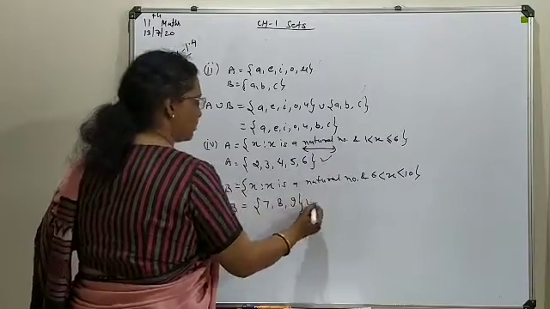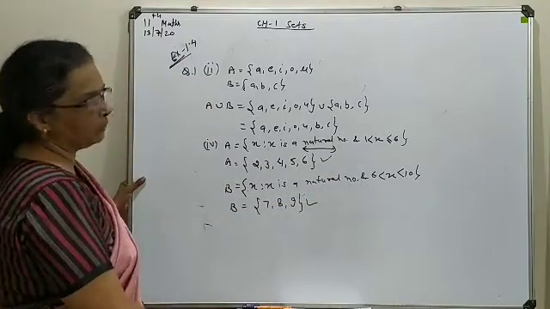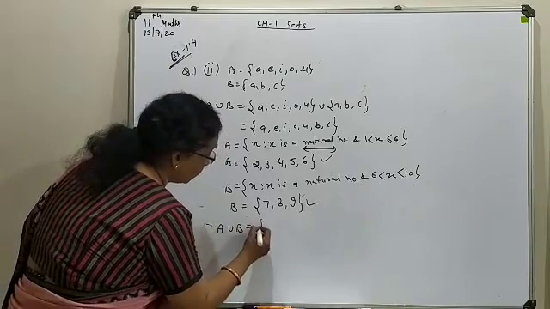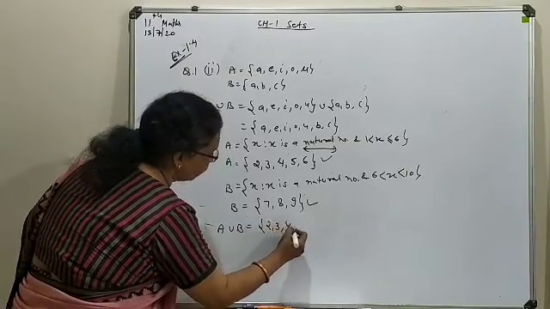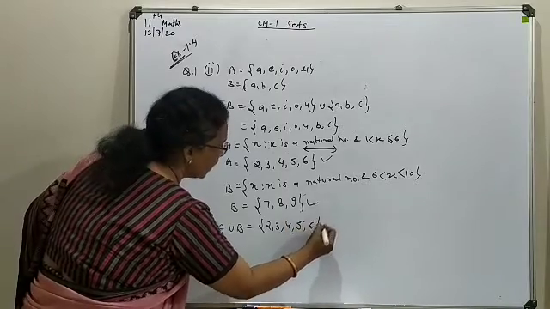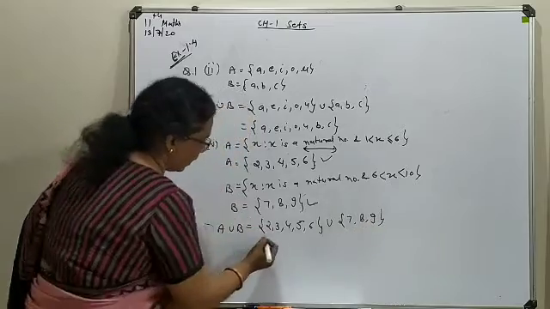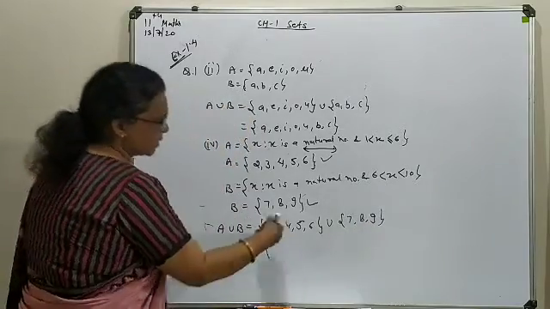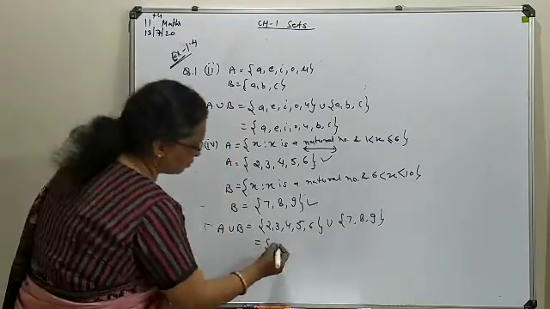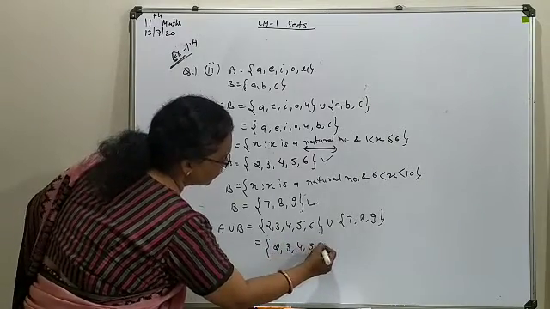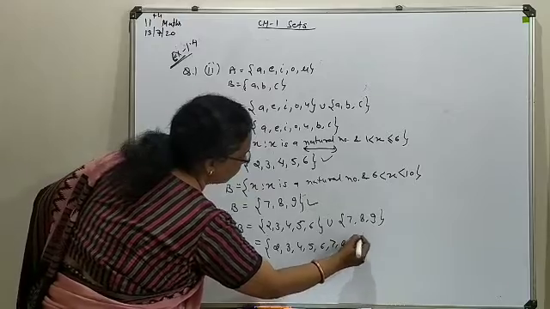Now with respect to these two sets, we will perform the union. So now write A union B. List out the elements 2, 3, 4, 5, 6, union with 7, 8 and 9. Now combine all elements. You can see none of the elements is common, so it is to be listed from 2 to 9: 2, 3, 4, 5, 6, 7, 8 and 9.